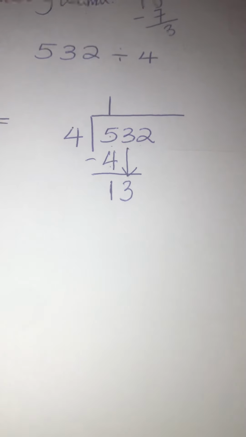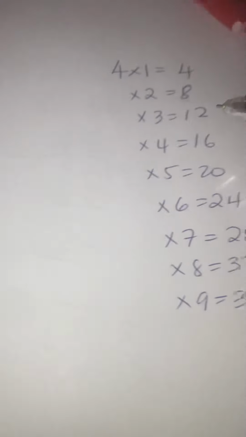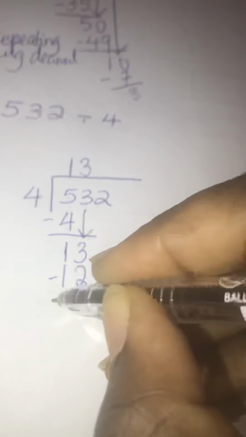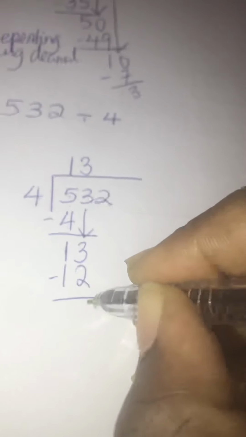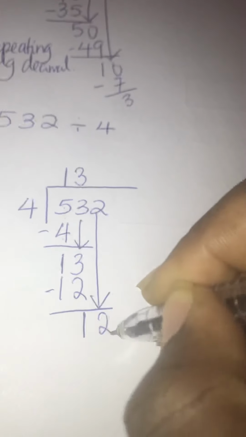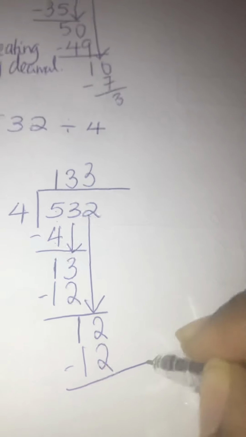I bring down 13. Can 4 go into 13? Yes, 4 can go into 13 3 times, and I get 12. I subtract, and I get 1. I bring down the 2. 4 goes into 12 3 times. I subtract, and I get 0.